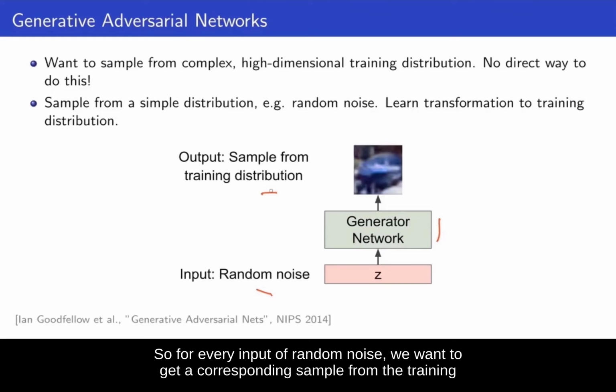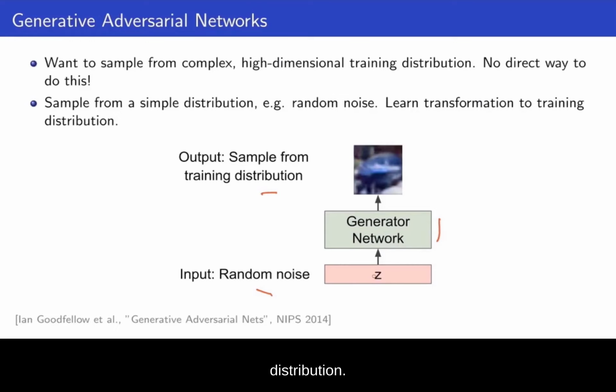For every input of random noise, we want a corresponding sample from the training distribution.